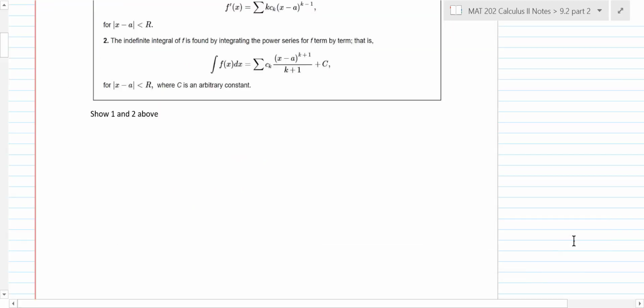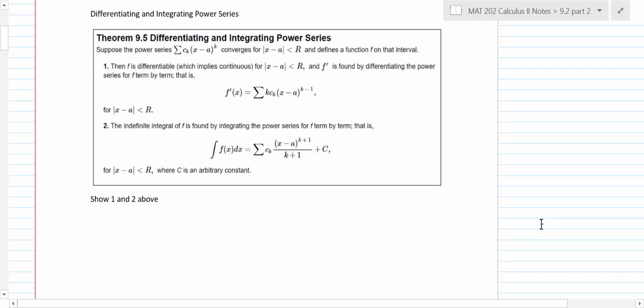This is first of all. Now, you don't need to write this down because this theorem and everything is on D2L, but I would at least like you to write down the solutions of what I'm doing so you can follow along. The idea is if you have a power series, you can differentiate it and get a series for that derivative.